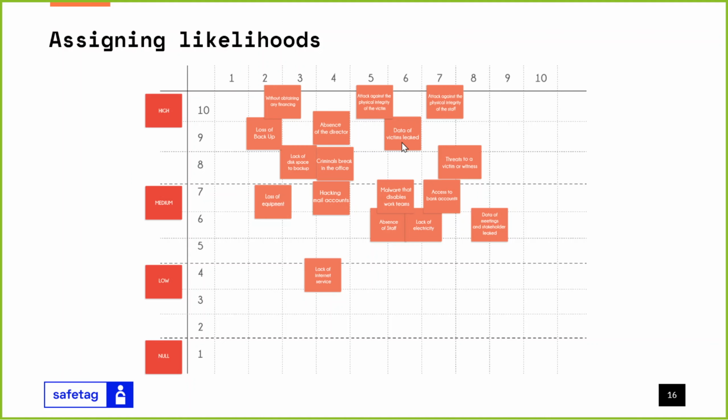So, again, data of victims leaked. Maybe for some reason this organization said something like a 6, because it's very probable. For instance, one of our adversaries, an organized crime group, maybe a cartel, already said that they want and will have the information of these victims, so we are expecting them to try.